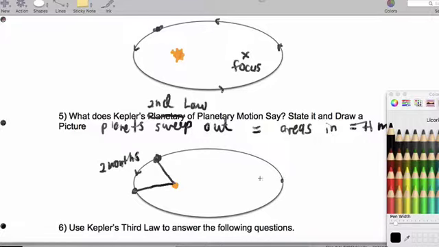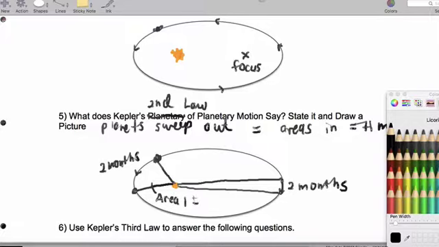then out here at the edge, we sweep out an area that's longer and narrower. This is also 2 months worth of motion, let's say. And what we're saying is these two areas are equal.